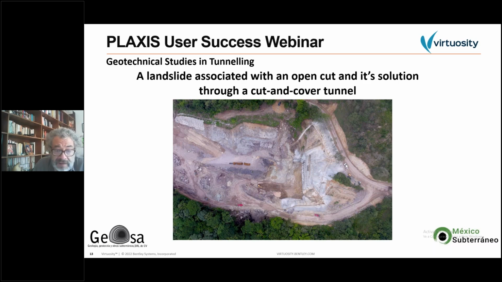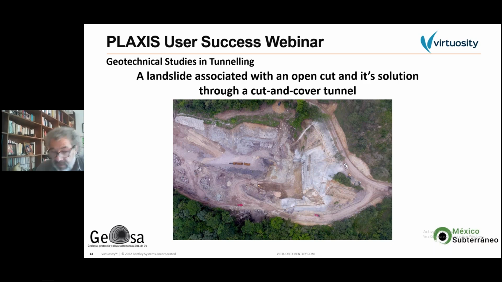So this is a case history which I consider very important in terms of all the knowledge that we achieved dealing with this problem. It's basically a landslide, which is associated with an open cut. And its solution was presented as a cut and cover tunnel in order to stabilize definitely the movement of a huge rock mass.